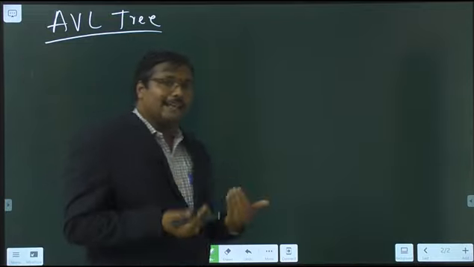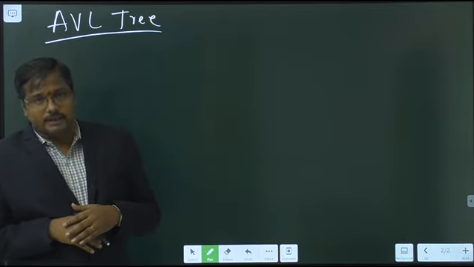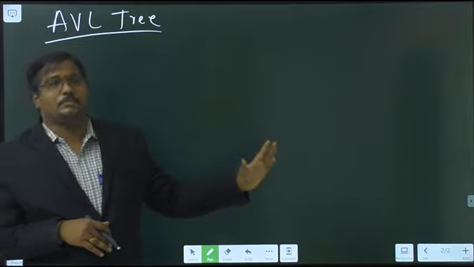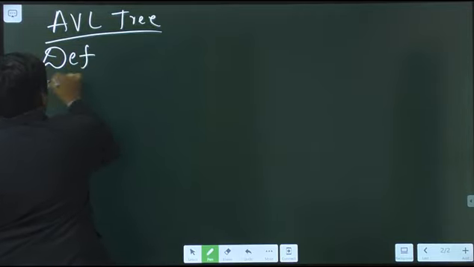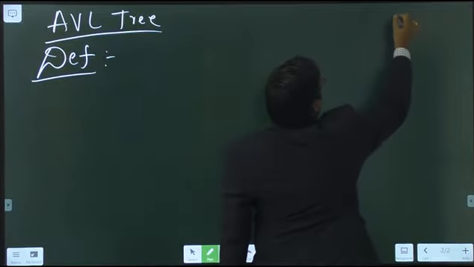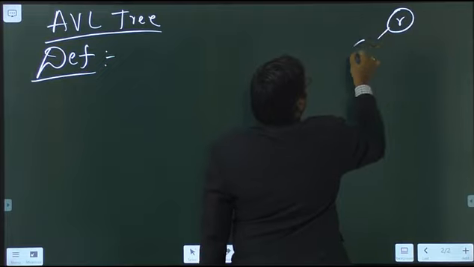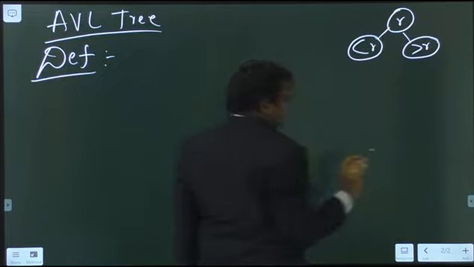So, what is an AVL tree? What makes the difference between a binary search tree and an AVL tree with respect to the definition part? According to the binary search tree, the root node has a lesser element as a left child and a greater element as a right child.